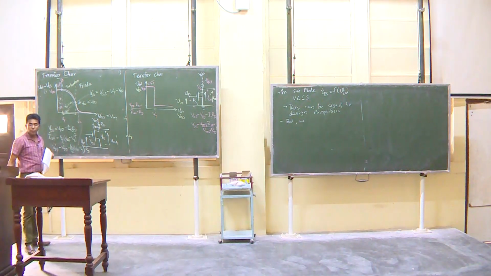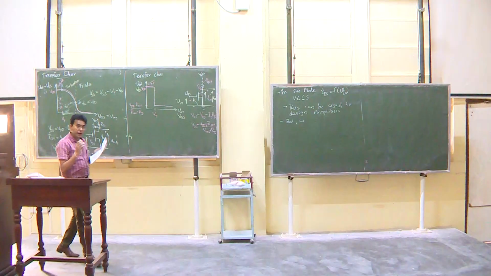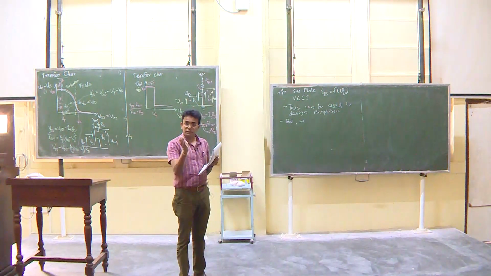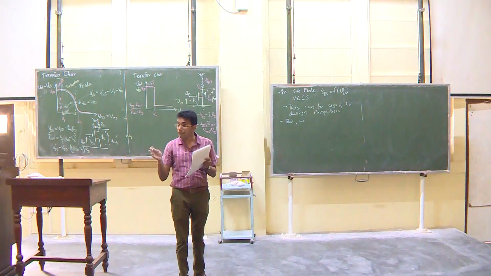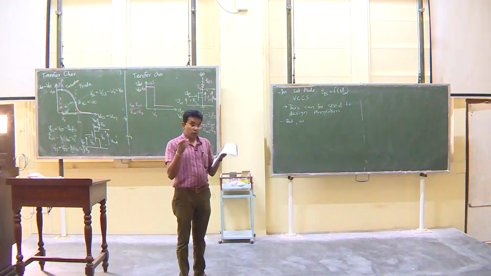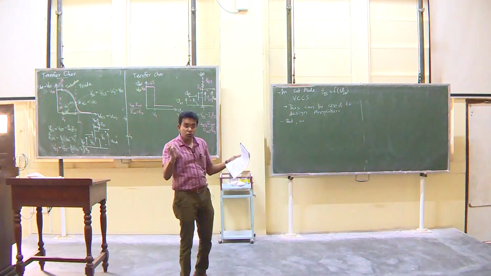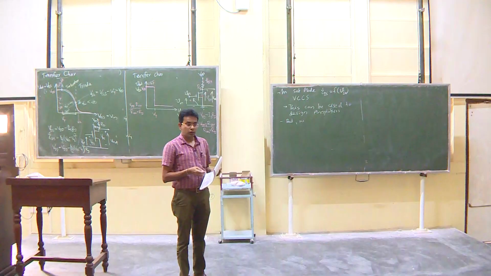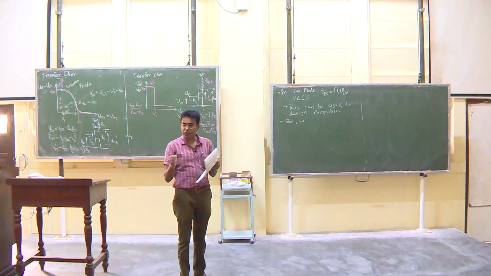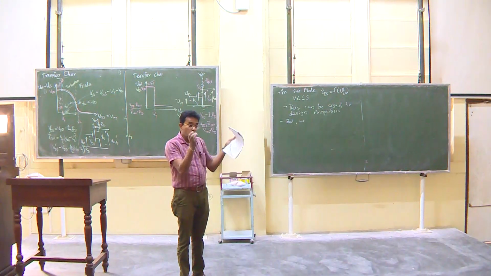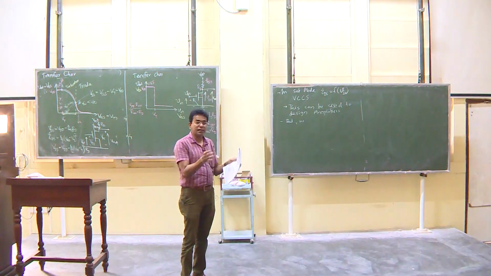Only from here to there. If I am going to design an amplifier, if it goes outside this region, then it will not behave like an amplifier. So if I want it to be an amplifier, I need to ensure that it won't go outside this region, right? We call this a saturation discipline. We need to discipline ourselves to keep it within the saturation.